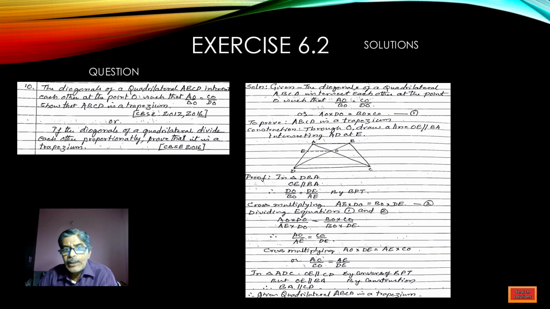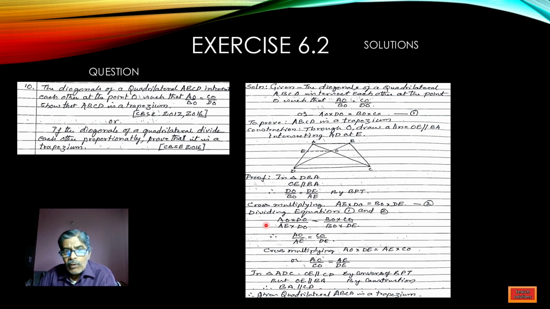In triangle DBA, the upper triangle, OE is parallel to BA, so DO by BO is equal to DE by AE by BPT. On cross multiplication, we get AE into DO is equal to BO into DE. We will call it 2.